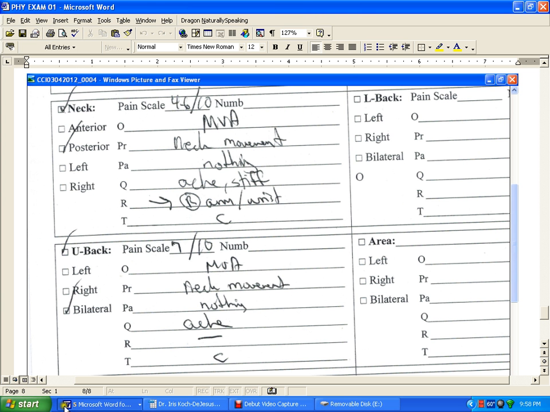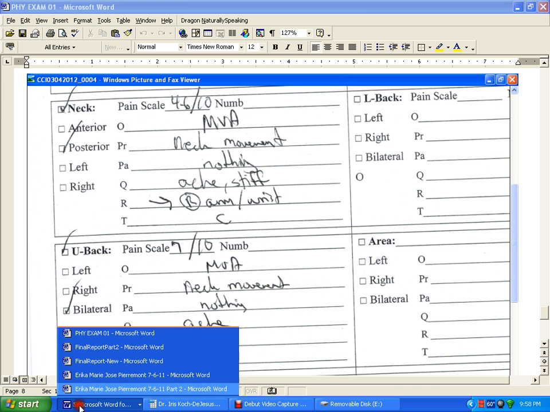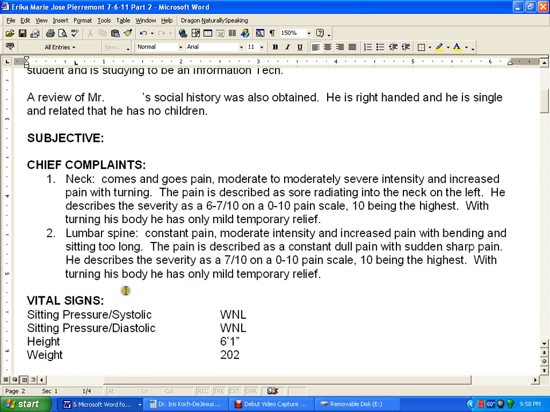Let me rephrase that again. He describes the severity as a 4 to 6 over 10 on a 0 to 10 pain scale, comma, 10 being the highest.